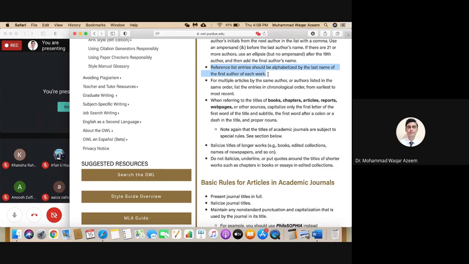In what order will you write all the resources? The answer to this question is you will write them in alphabetical order with respect to the last name of the first author of each resource. Did you get it? Any confusion about it?